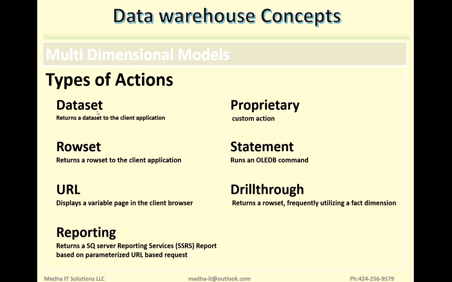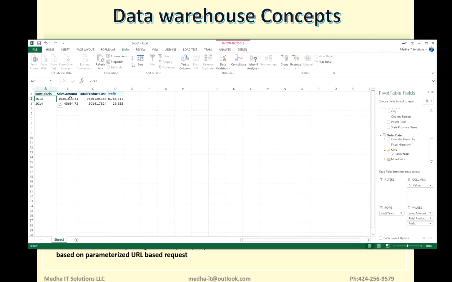Okay. Data set returns a data set to the client application. Row set returns a row set to the client application. That means a data set can have multiple row sets, multiple sets of data, whereas a row set is a single row set. URL means you can jump to a URL. For example, when I see the sales amount, I want users to go to some other web page.